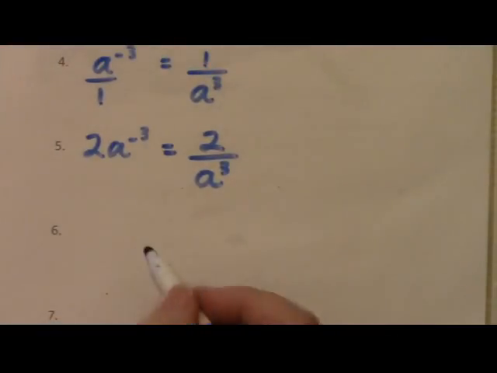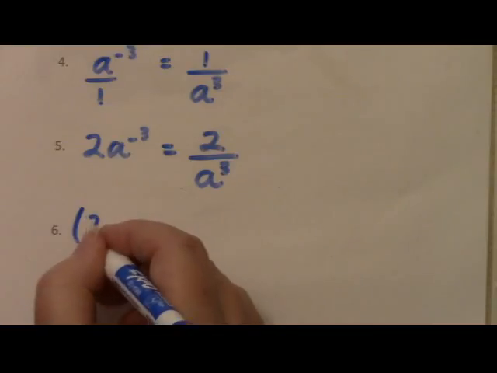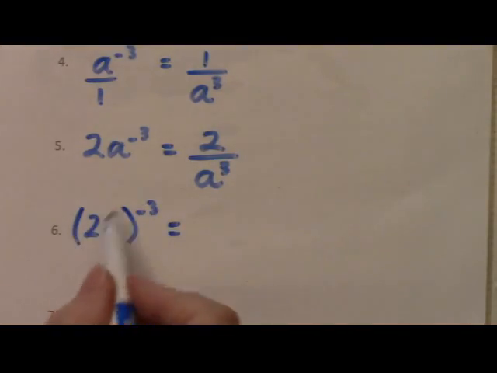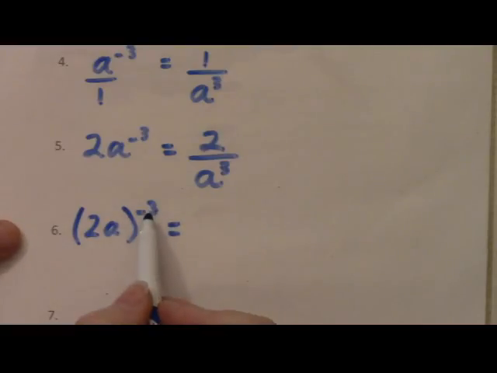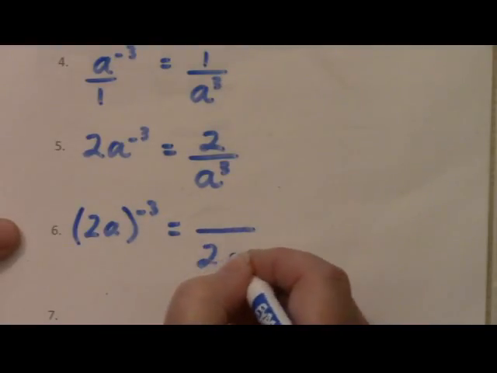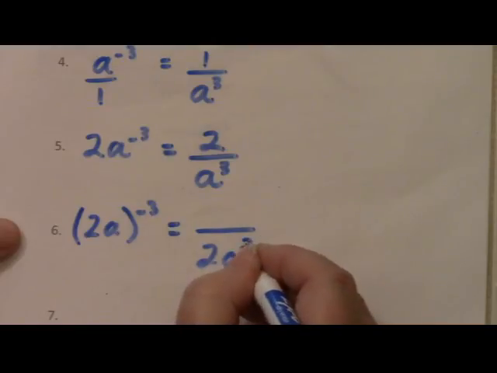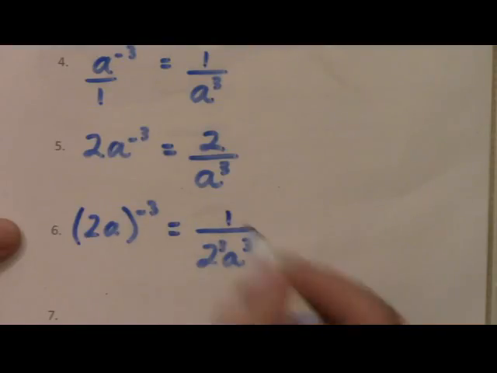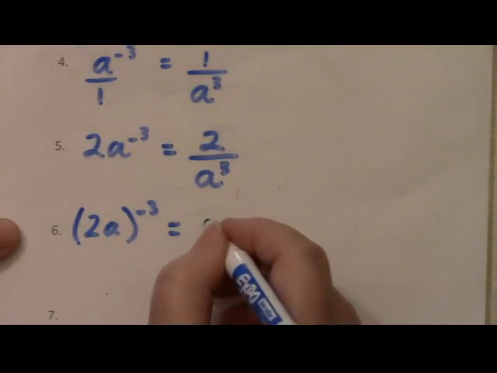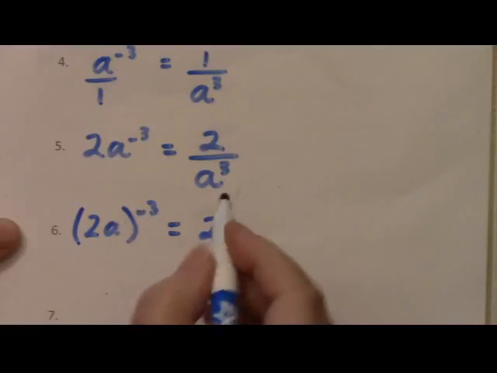The difference would be, what if we had 2a to the negative third and all of it is in parentheses? That means the negative 3 is being distributed to both the 2 and the a. Let me do an intermediate step. I jumped too soon. This negative 3 gets distributed to both terms.